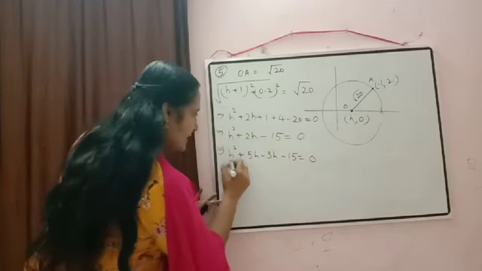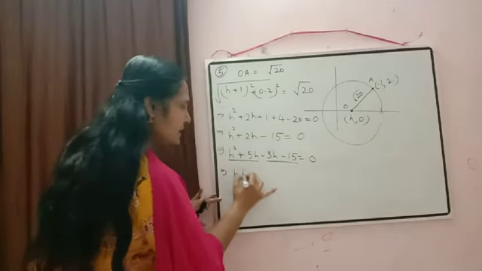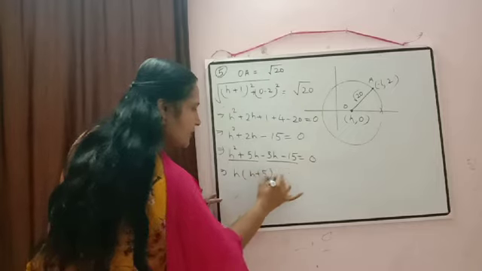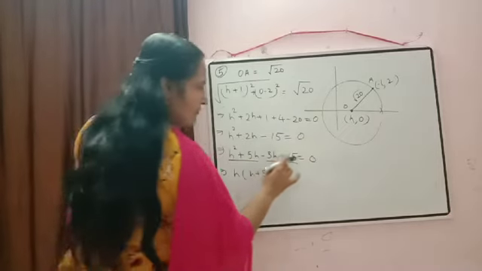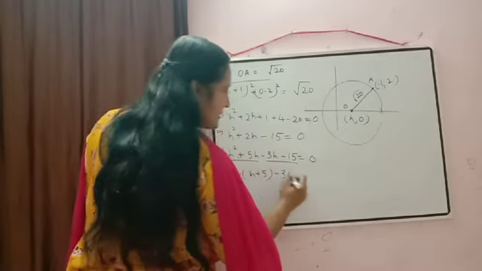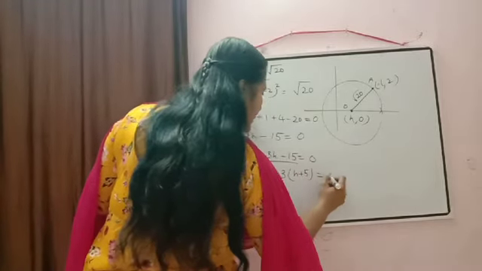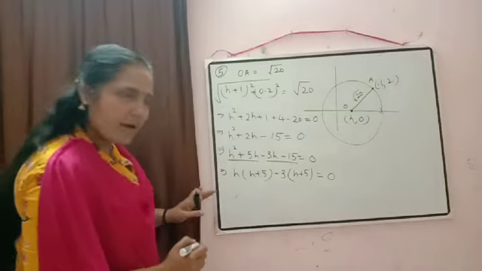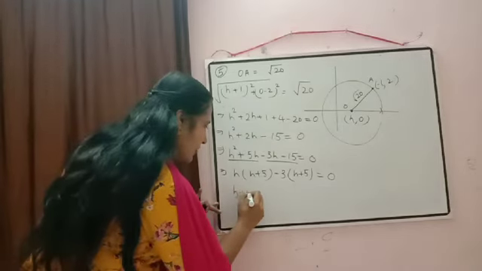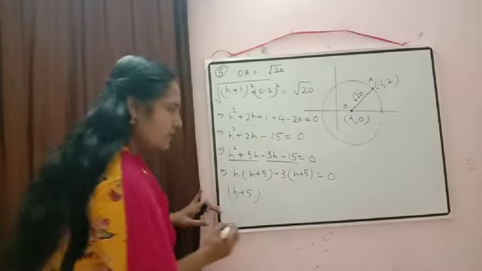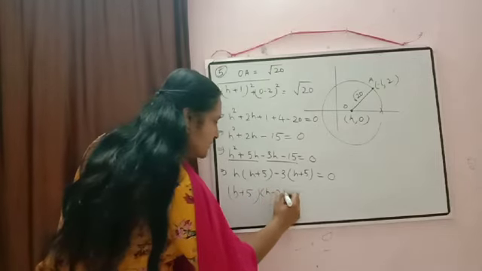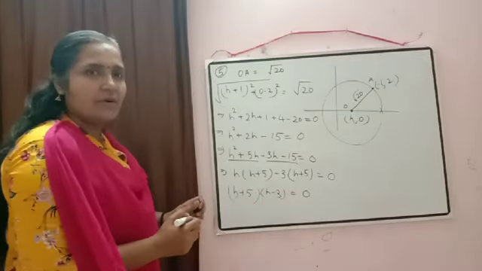Then we will take h common from these two terms. Then inside the bracket it will be h plus 5. From these two terms the common factor is minus 3, taken outside. Then inside the bracket again we will get h plus 5. Then h plus 5 is a common factor. Take it outside. H plus 5 into h minus 3 is equal to 0.